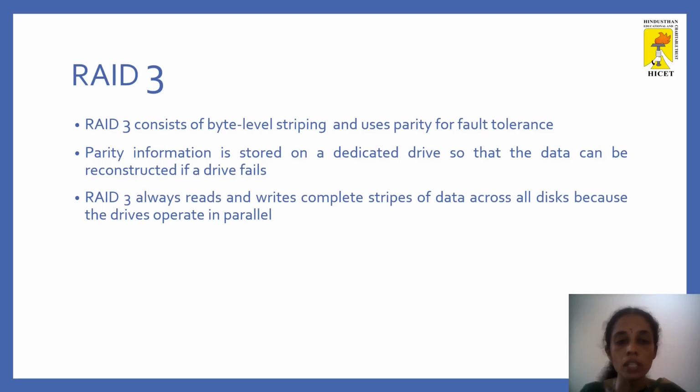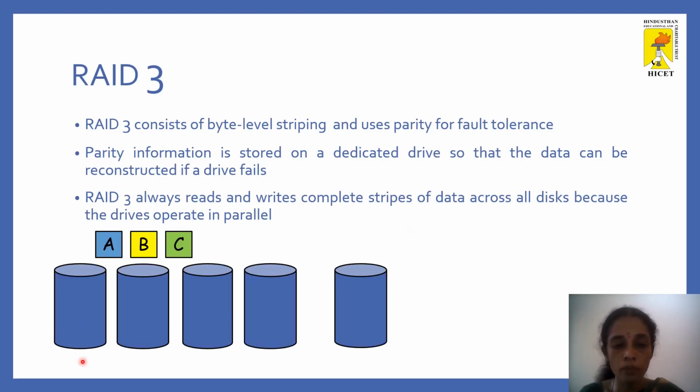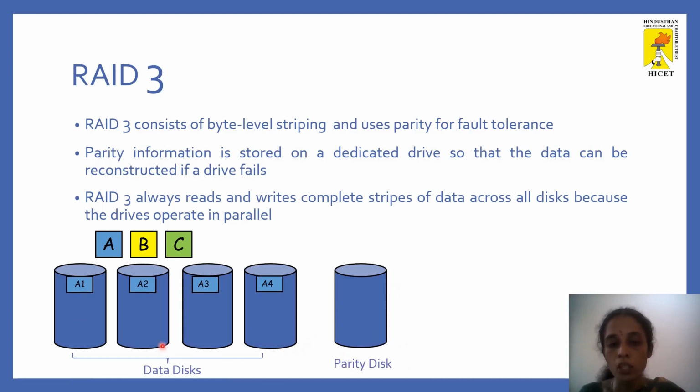RAID 3 always reads and writes complete stripes of data across all disks because the drives operate in parallel. So you will have data disks and a dedicated parity disk.